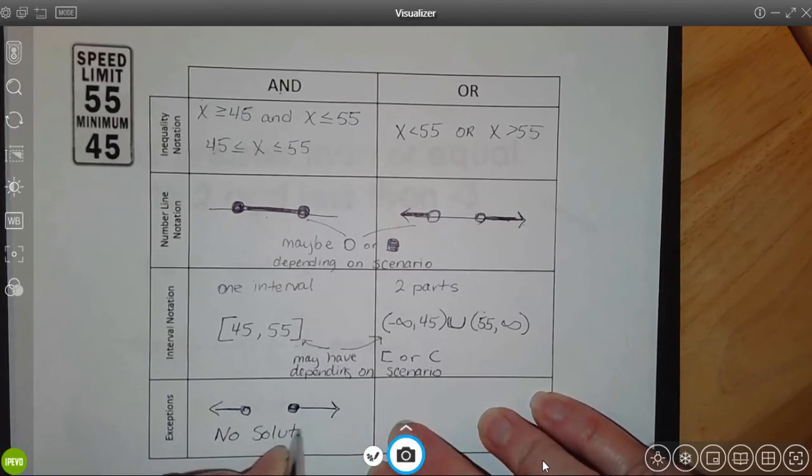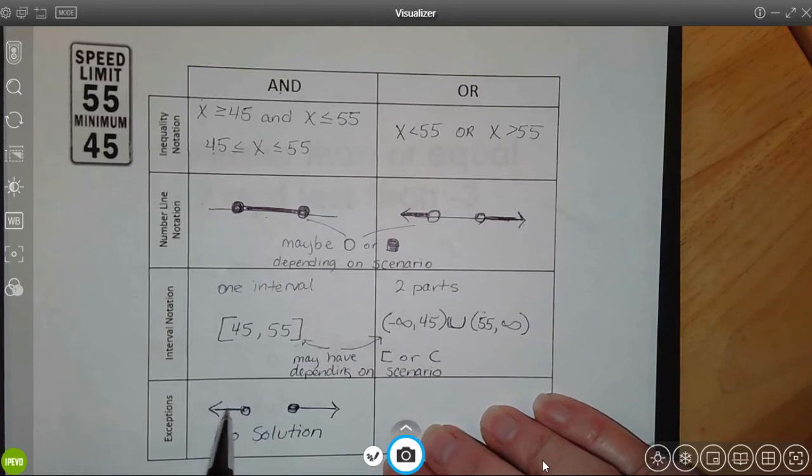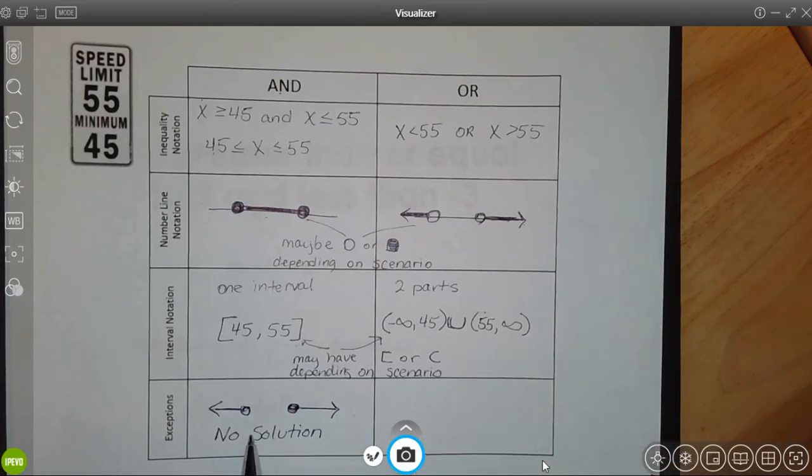You must write the words no solution and make sure your teacher understands that this picture is not the right picture for and. You cannot find a number that is less than one thing and greater than something further apart on the number line. So this is our first exception.